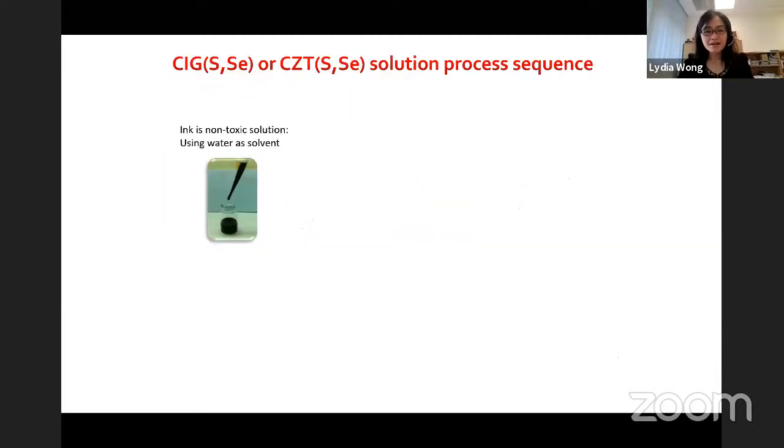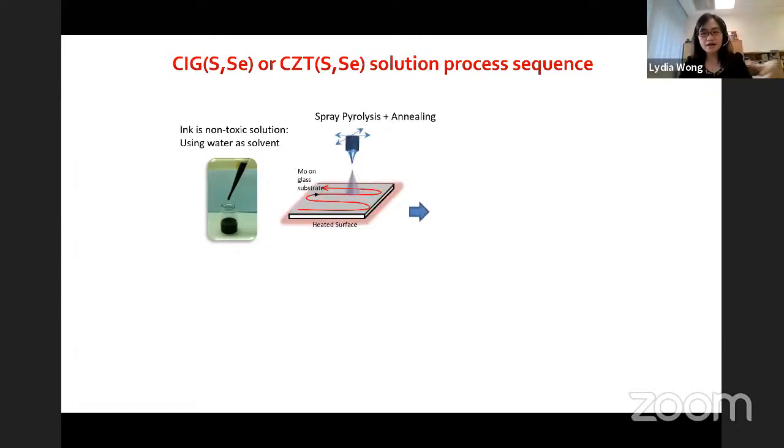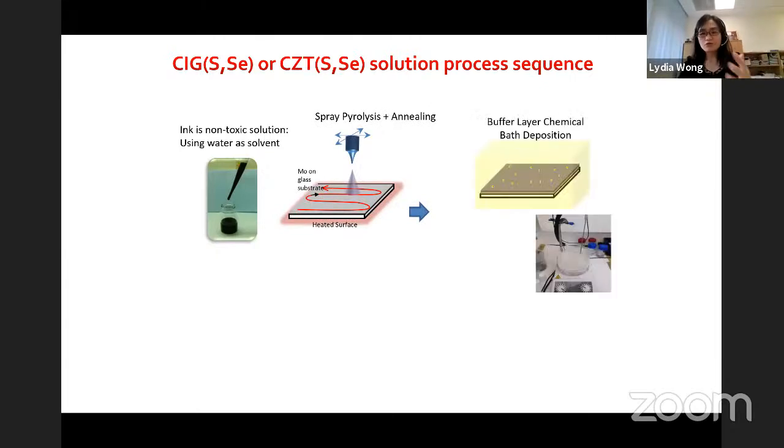And the method to fabricate this material in my lab, we don't need very high equipment. We don't need a sophisticated machine. We just need chemicals, so we use a solution base. We produce ink, and then we spray this ink on a piece of substrate and then do a chemical bath deposition, also using a beaker.